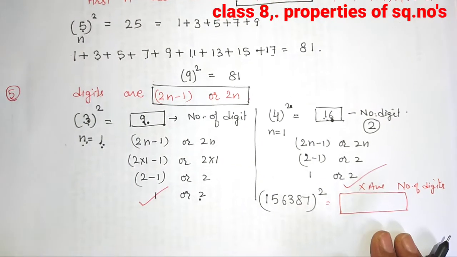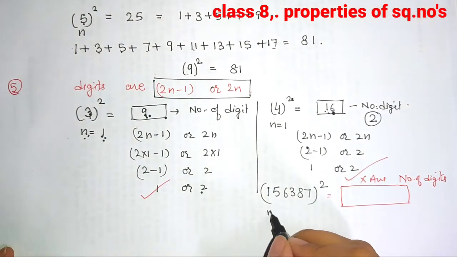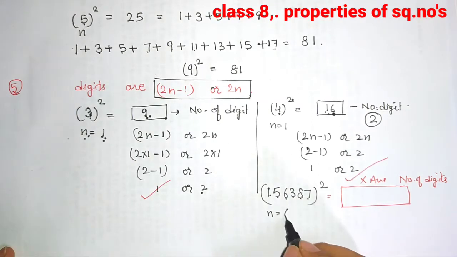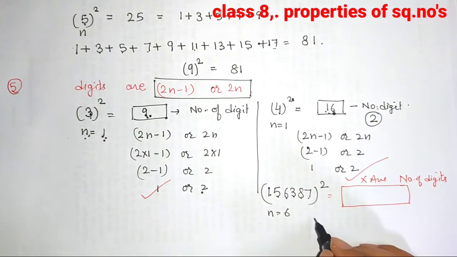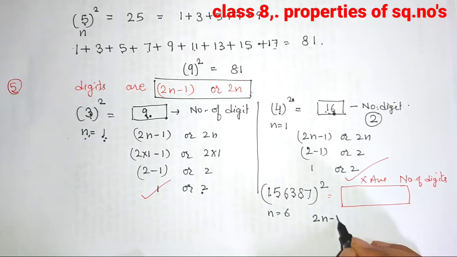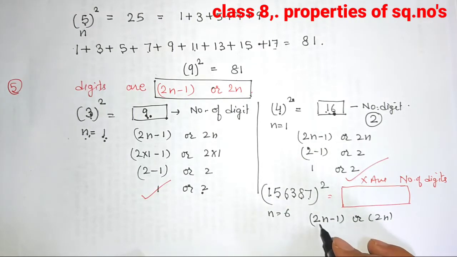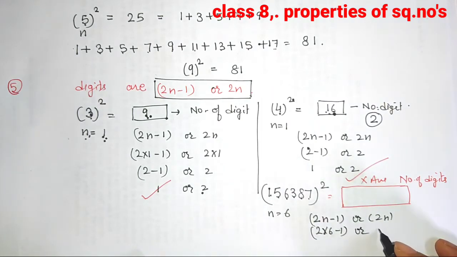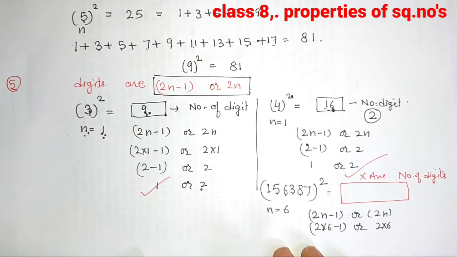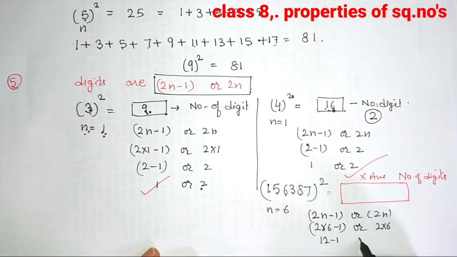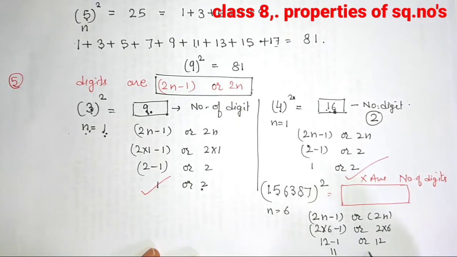So we will solve it the same way, but we will count the n: 1, 2, 3, 4, 5, 6. Our n is 6. So we use 2n minus 1 or 2n: 2 into 6 minus 1 or 2 into 6, which is 12 minus 1 or 12, means 11 or 12.